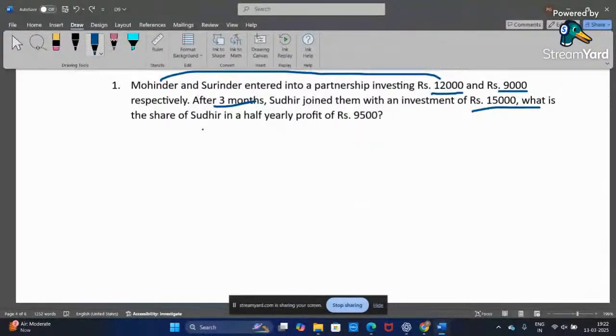Okay, let's solve this. Let's take Mohinder as M, Surinder as SR, Sudhir as SD. Here Mohinder has invested 12,000, Surinder has invested 9,000.